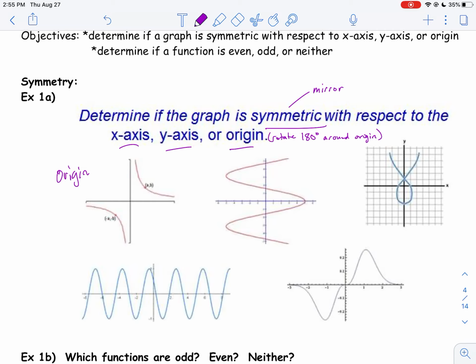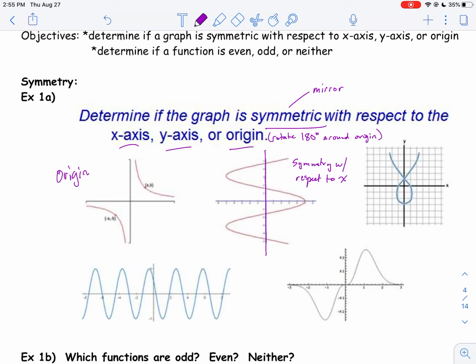Does it have symmetry with respect to the x-axis? Kind of looks like it, doesn't it? This side matches this side. So this has symmetry with respect to the x-axis. How about the y-axis? Not quite.